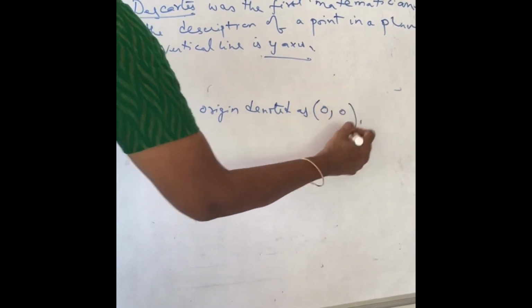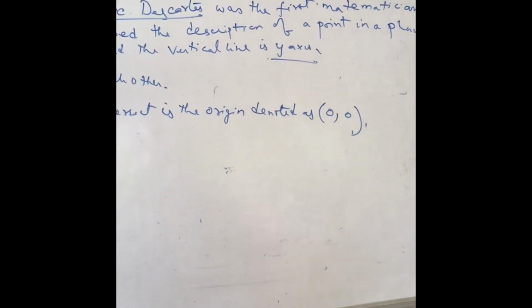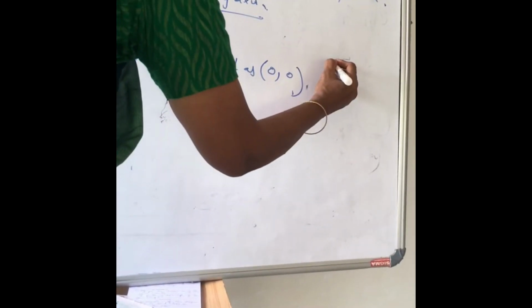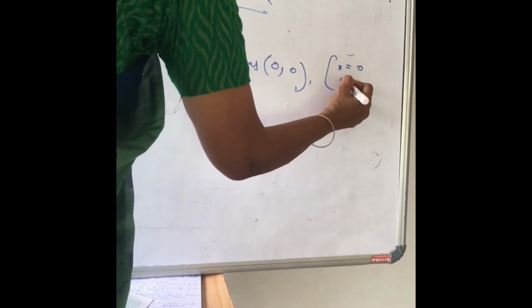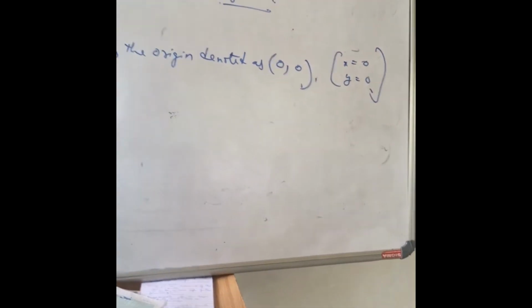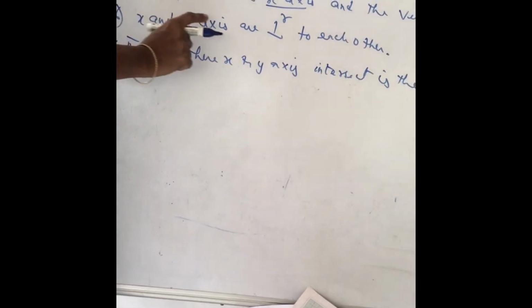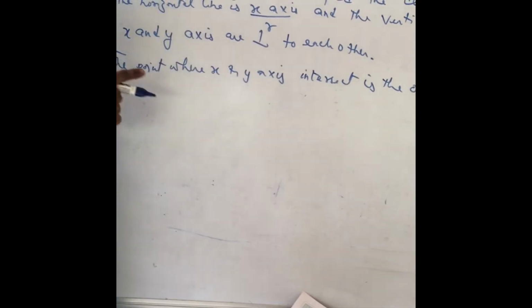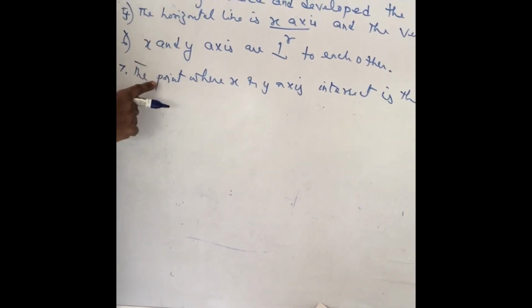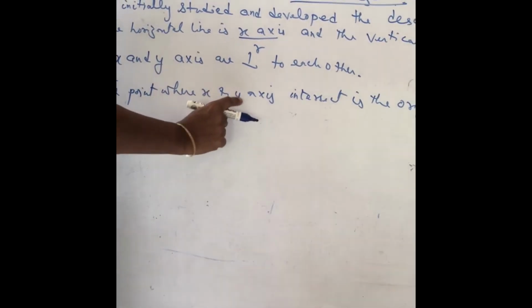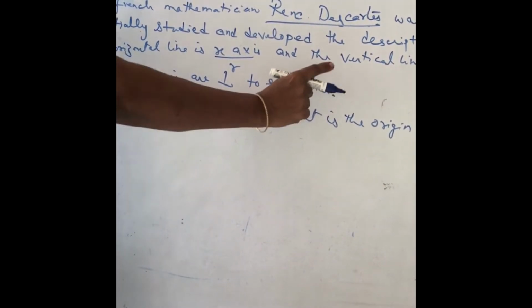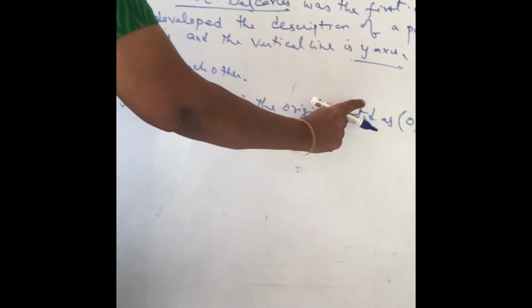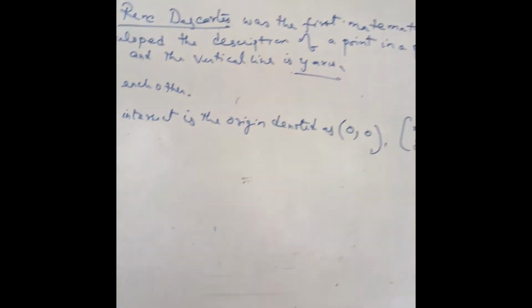That means x is equal to 0, y is equal to 0. X and y axis are perpendicular to each other.